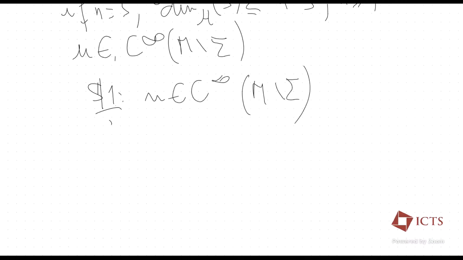Second, the first kind of partial regularity result that you want to prove is that the Hausdorff dimension n minus 2 of this set is 0.